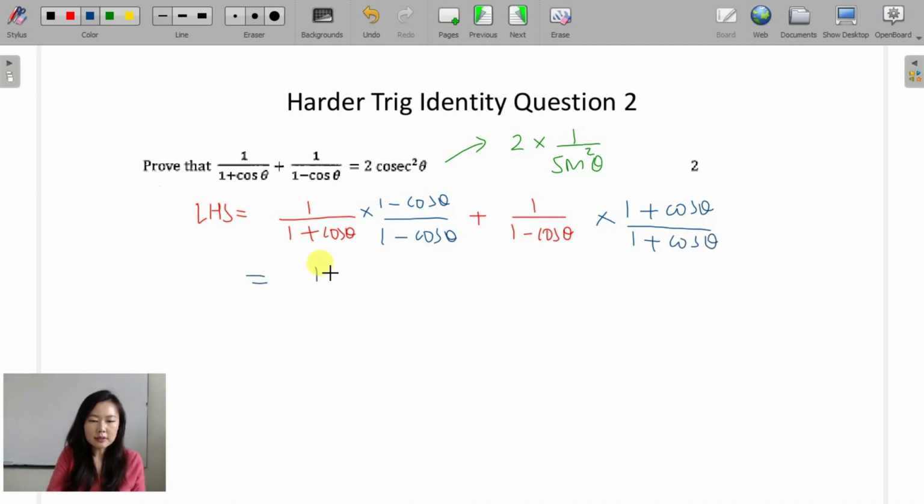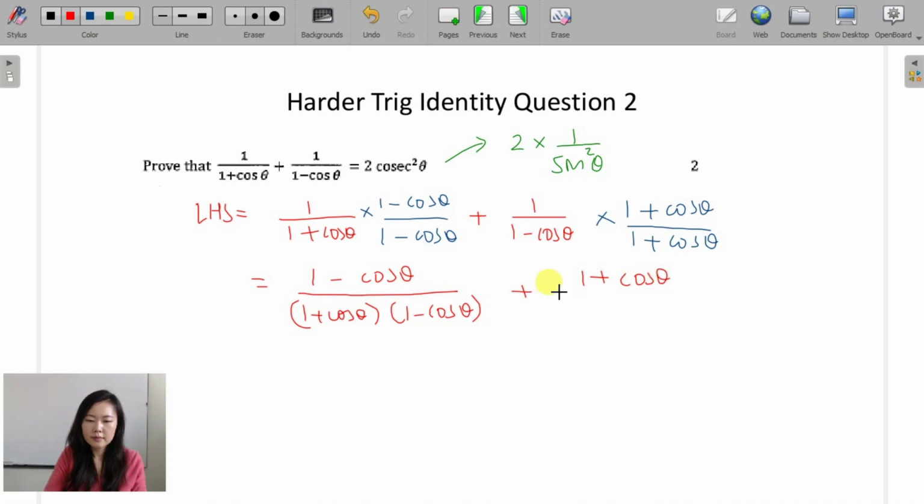So you've got 1 minus cos theta on top. Okay, so you can see now the denominator is the same. You can add the numerators up.